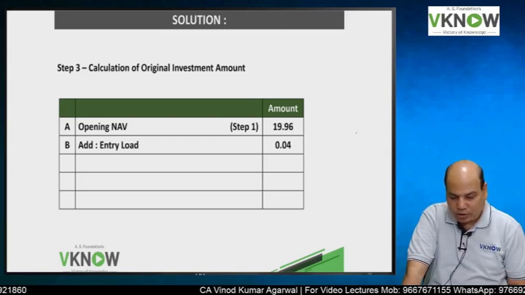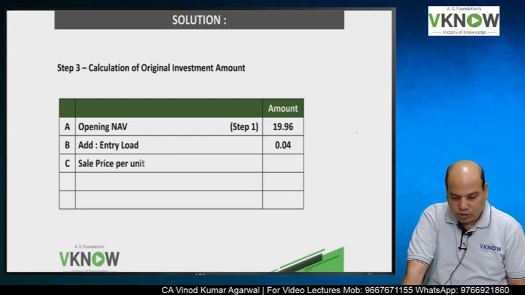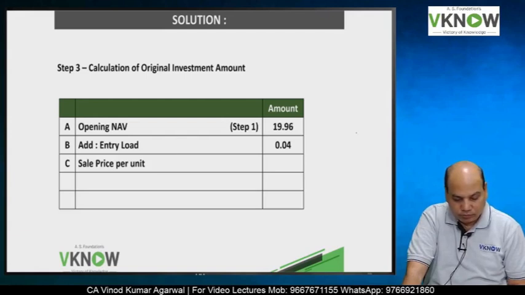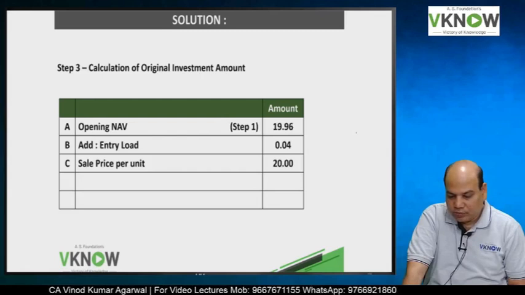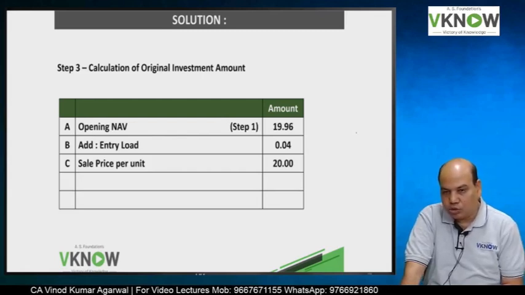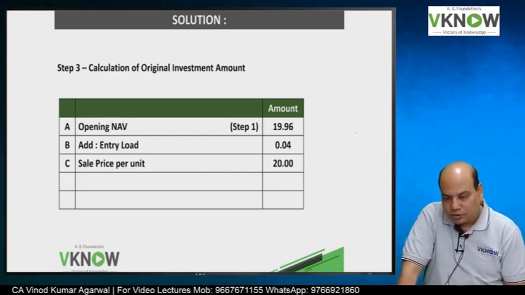Therefore, selling price per unit is 20. This is the rate at which the mutual fund has sold units to the investor.